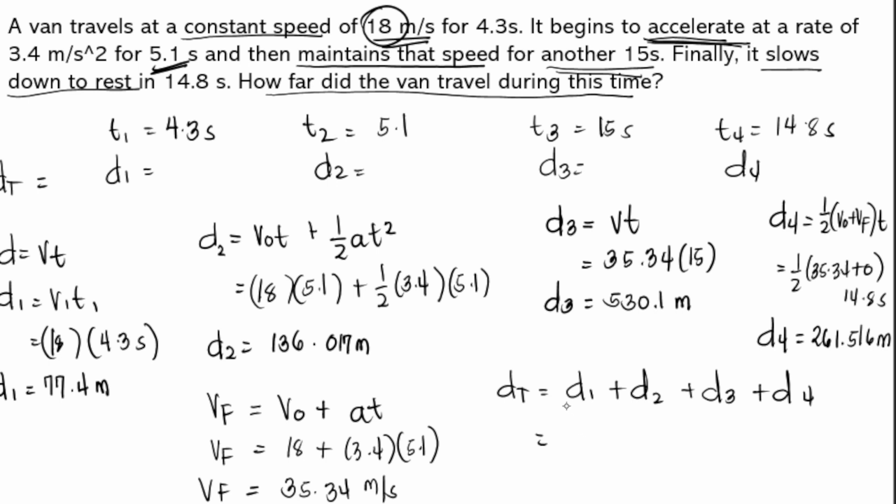So, D1 is 77.4 plus D2, which is 136.017 plus 530.1 plus 261.516. Okay, so DT would be equal to approximately 1,005.033 meters. Okay, so that is how we solve this problem.